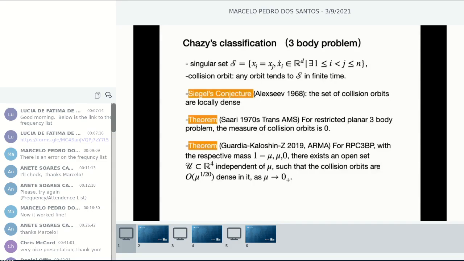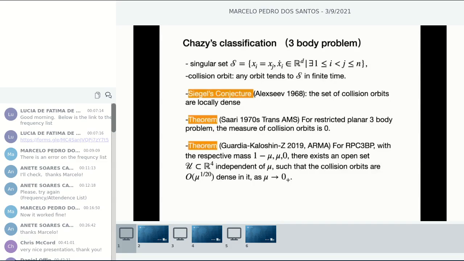So in Alekseev's paper in 1968, he proposed the following conjecture, to which he ascribed the credit to Siegel. The conjecture is that the set of collision orbits in the phase space is locally dense. A previous work related to this conjecture is by Sari in the 1970s.